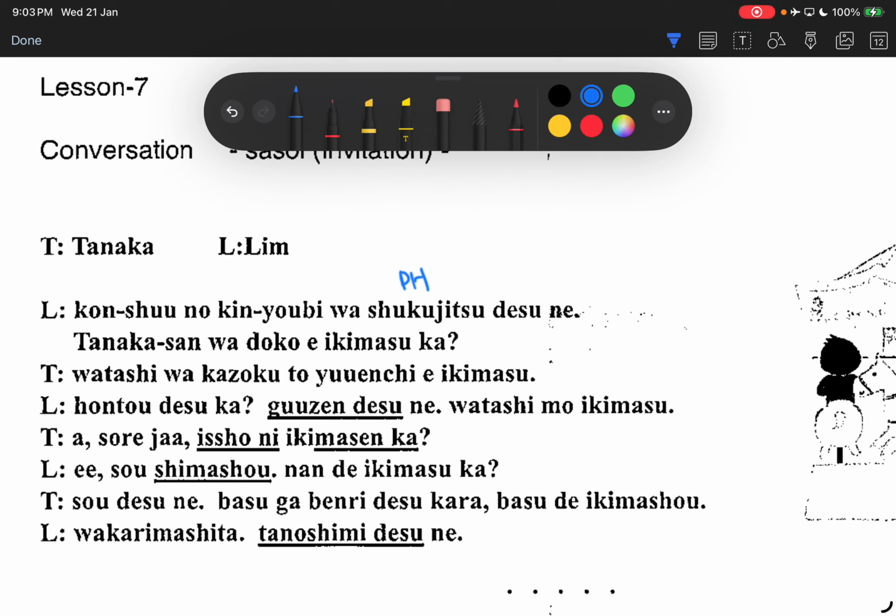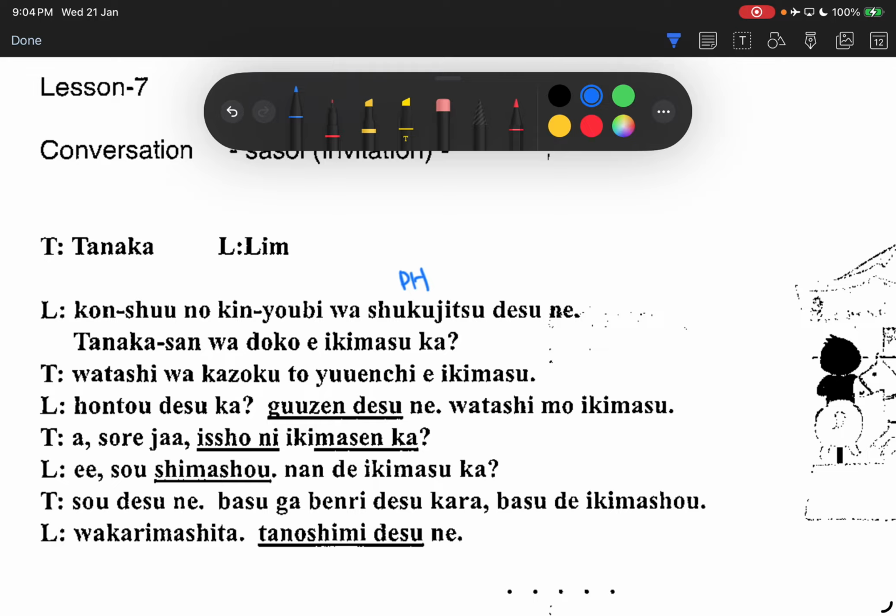Iko ka. Iko is a casual way to say ikimasho. Okay, ikimasho we learned before already, right? Ikimasho means shall we go together. That means you are giving the guy an option to choose. So it's even more not very obligated to go with you.